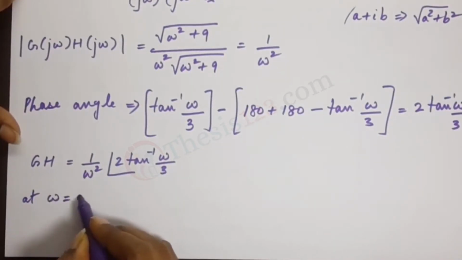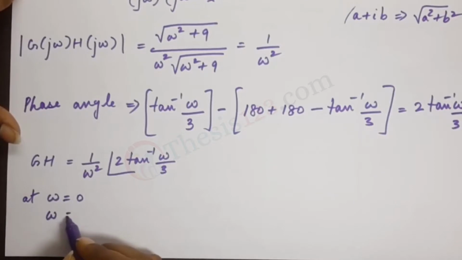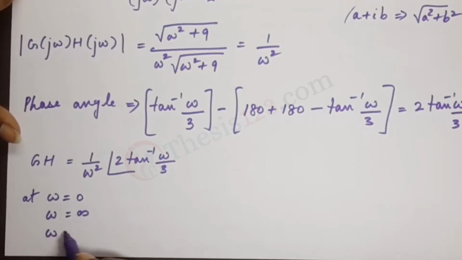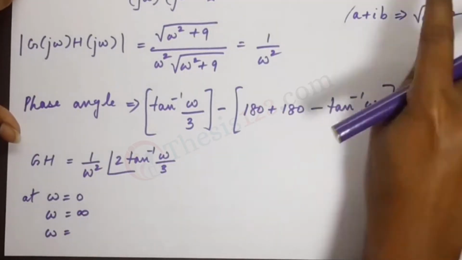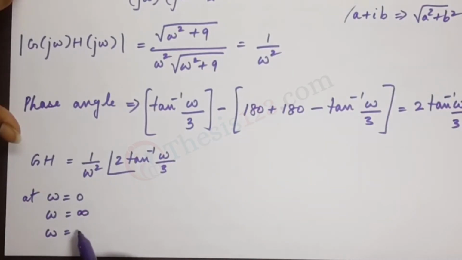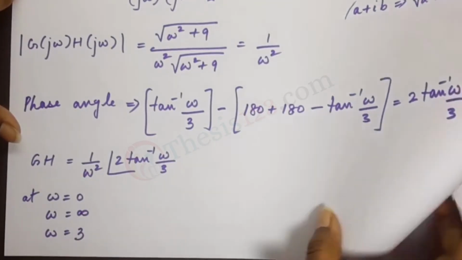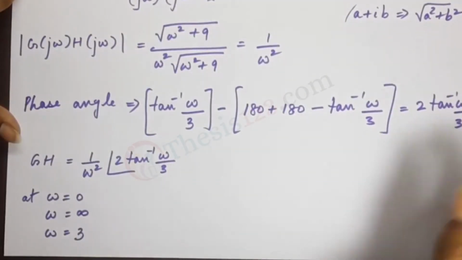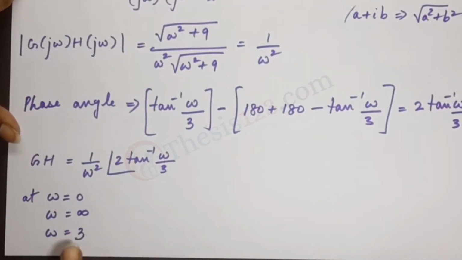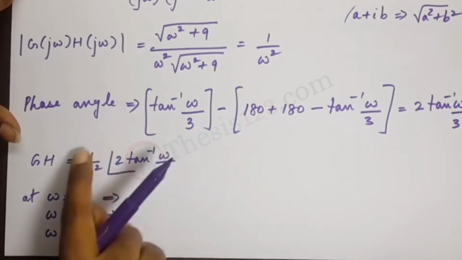At omega is equal to 0, omega is equal to infinity, and since we have the pole and zero at 3, let's find out omega at 3. So at each one of these values, let's find out the entire expression.